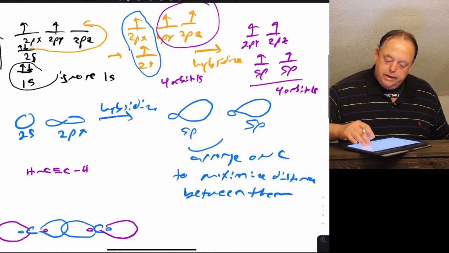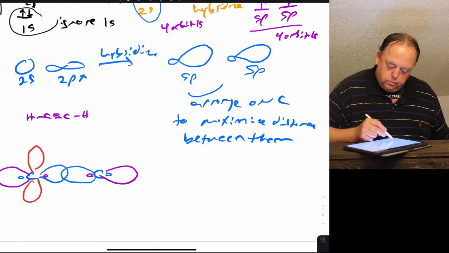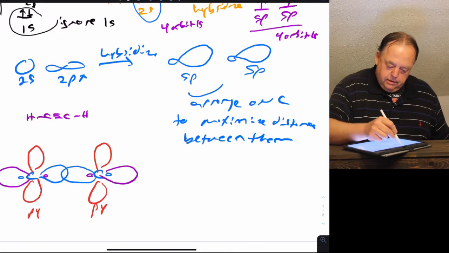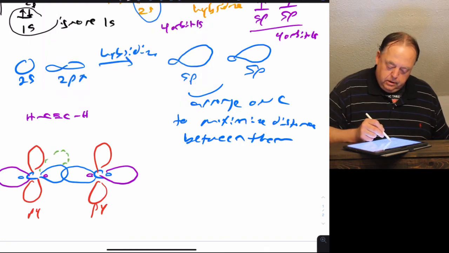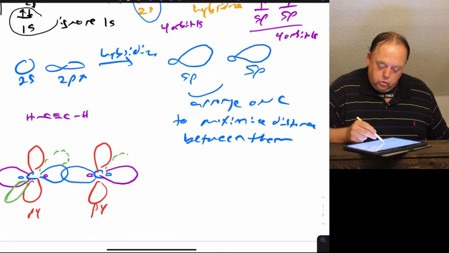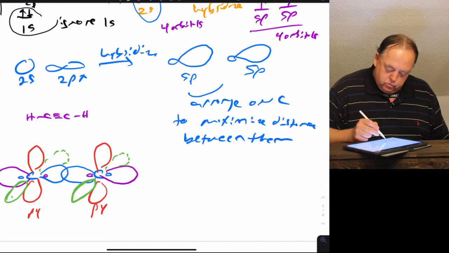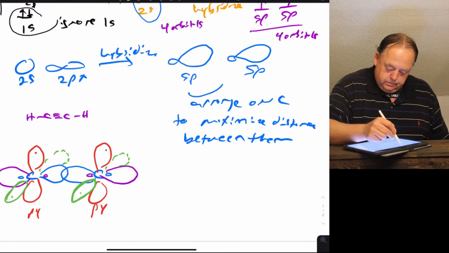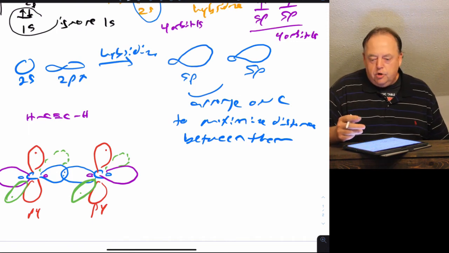So if we sketch py and pz, each carbon's got a py orbital that's not hybridized, and each carbon's got a pz. And if you remember, pz would be in and out of the plane. So one lobe goes behind the paper and one lobe comes in front of the paper. Each of these has one electron, and each sp orbital has one electron.